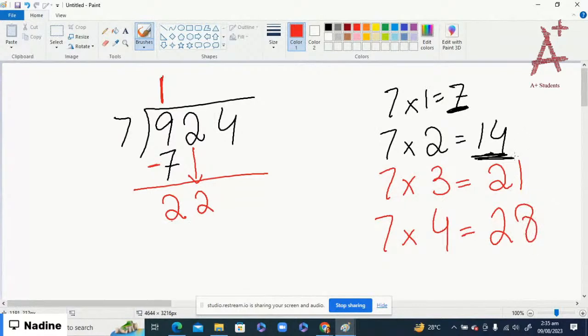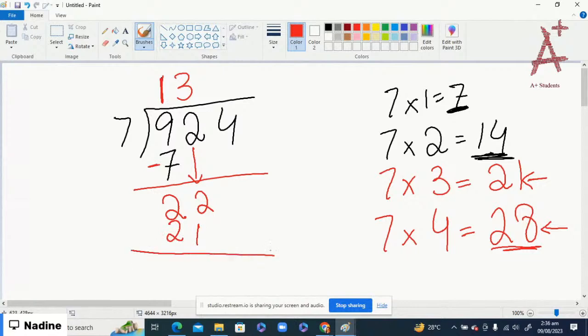Now look, 7 times 4 is the greater number, and this 21 is the smaller number. So here 7 times 3 is 21. We are going to put it here because there is no 22 in the table of 7.